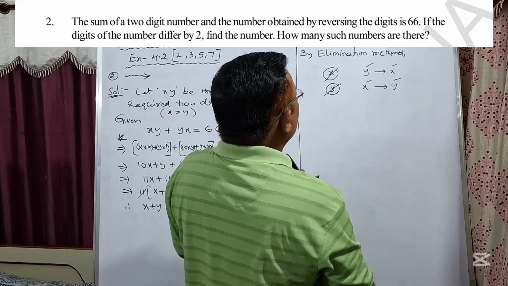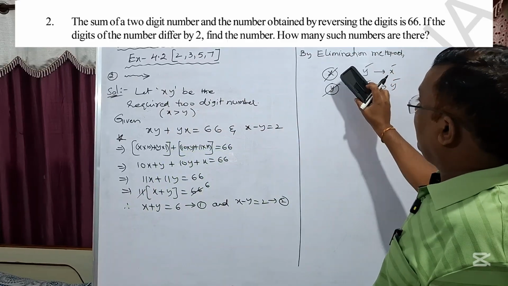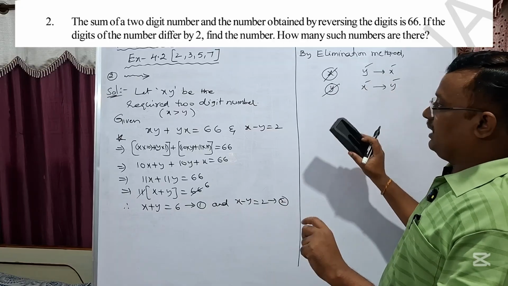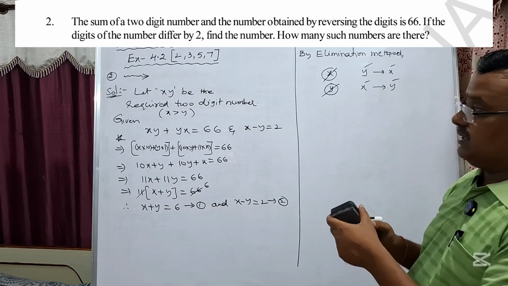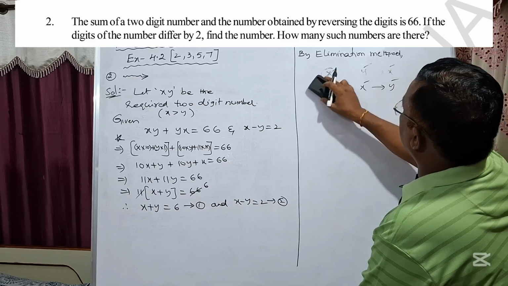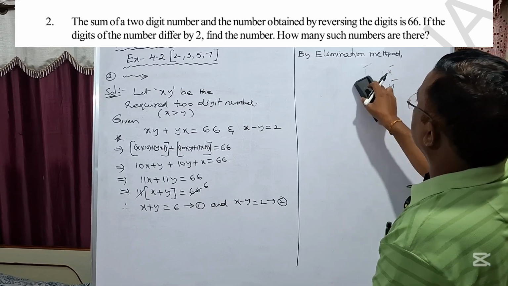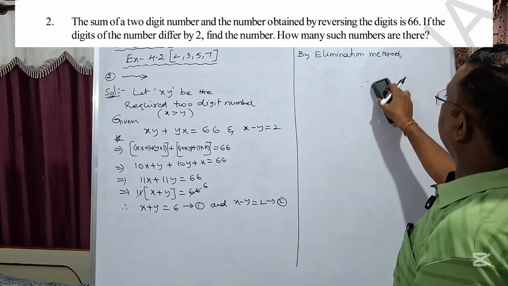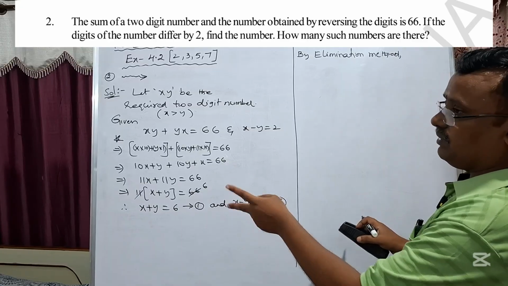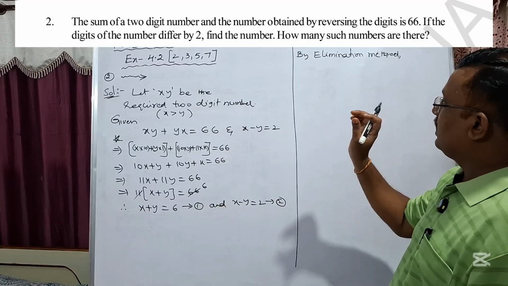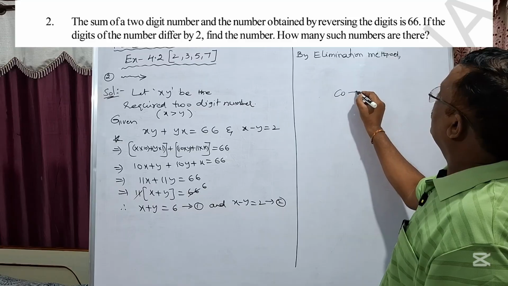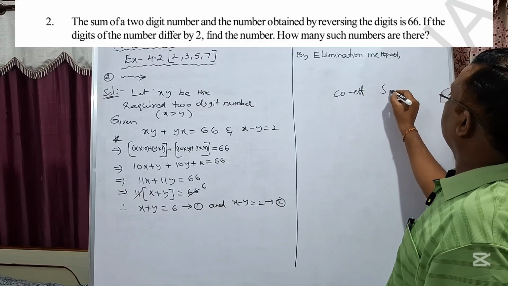But how to eliminate our required variable? Any variable can be eliminated, but how? Here I will try to explain that concept in this first problem. Please observe this. If there are two equations and you want to eliminate any variable, the rule is their coefficients must be same.